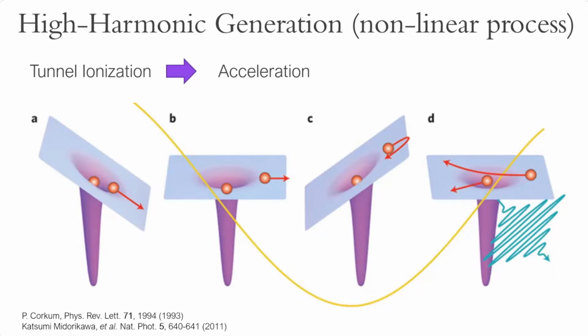And then as the sign of the electric field generated by the laser changes, the electron begins to accelerate back towards the nucleus, where it recombines and emits a harmonic spectrum. And it's this process that allows us to generate high harmonics of the order of 500 or 1,000. So we get very high harmonics, hence the term high harmonic generation.